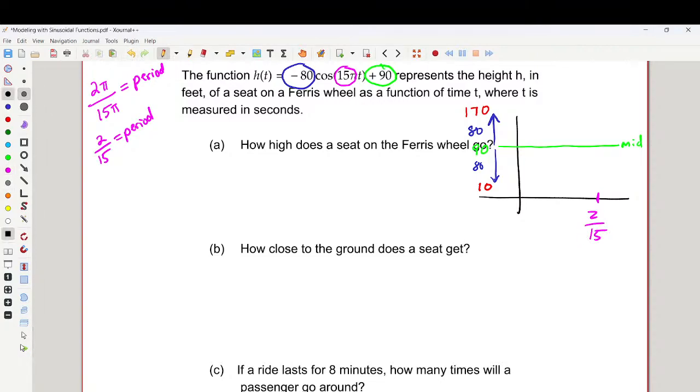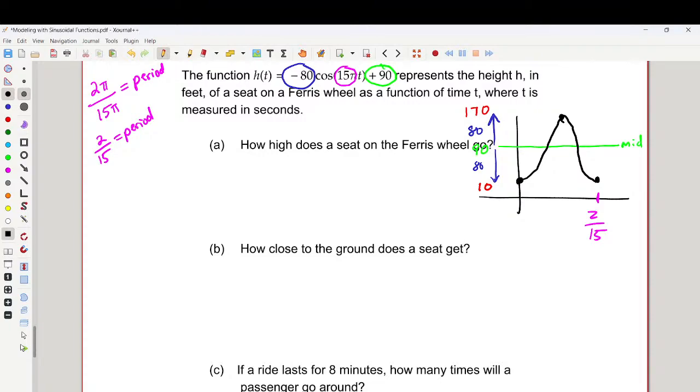And since there's no phase shift, this is going something like that. There's a quick sketch of that graph using the key features. Start with the midline. This is my strategy.